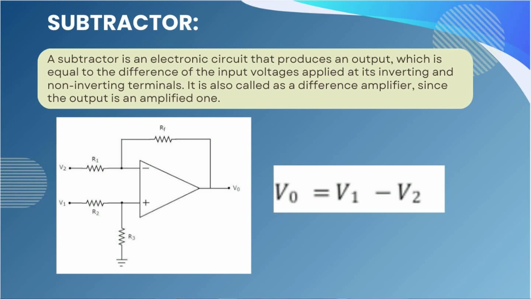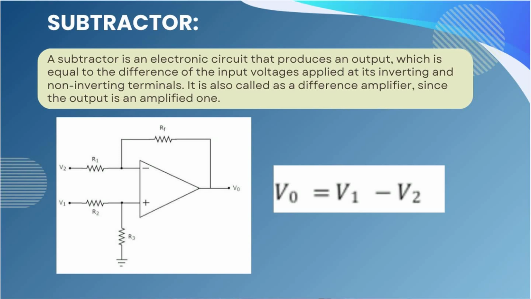So next is the subtractor. A subtractor is an electronic circuit which produces an output equal to the difference of the input voltages applied to its inverting and non-inverting terminals. It is also called a difference amplifier since the output is an amplified one.